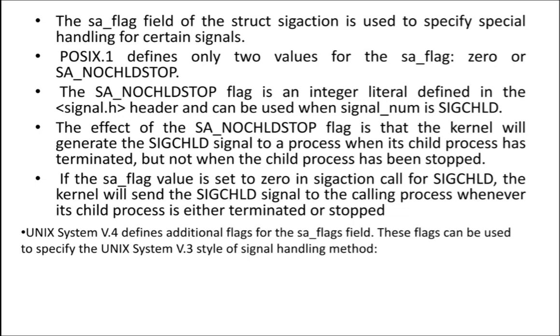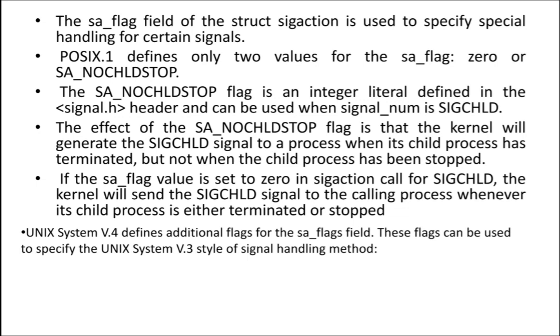So when the child process has terminated, it is going to generate this signal to the particular parent process. Then it can understand that the child process is terminated and it can deallocate the resources. Getting, guys? So in the SA flag, either you can use 0 or SA_NOCLDSTOP.